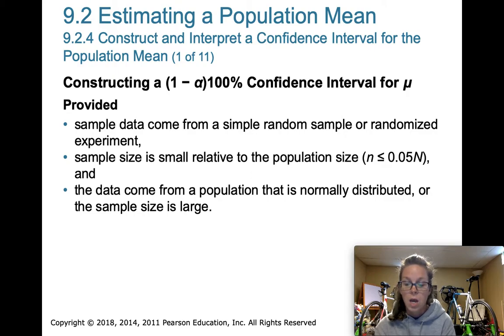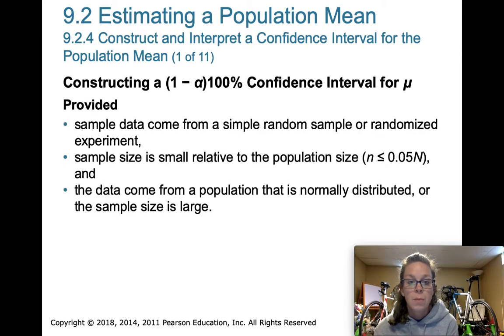We did that for proportions in the last section. We're going to do it for our means in this section. It is exactly the same concept when we find a confidence interval for mu, as we found the confidence interval for p, or for the proportion, in the last section.